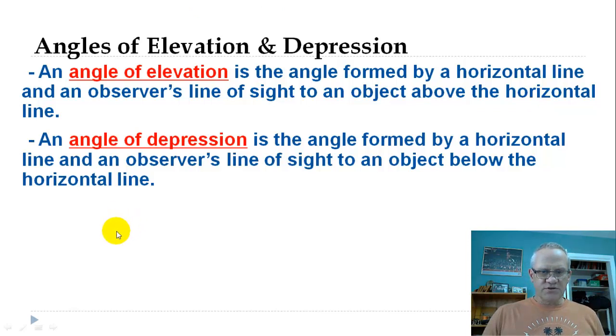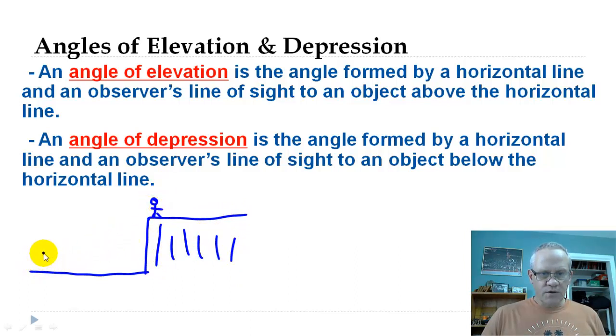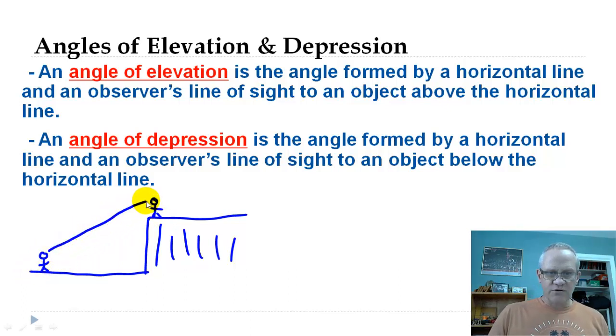So it looks maybe kind of like this. I'm going to draw some ground here. Here's a cliff up here, and there's somebody up on top of the cliff, and there's somebody else down on the bottom of the cliff, and they can look at each other. That's the line of sight.